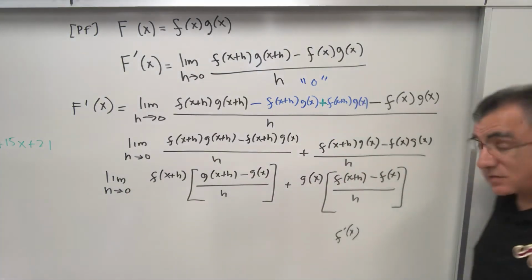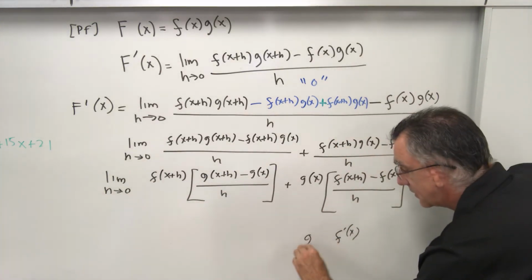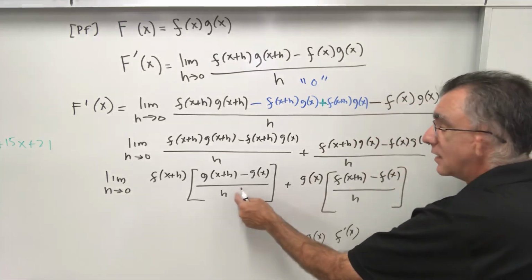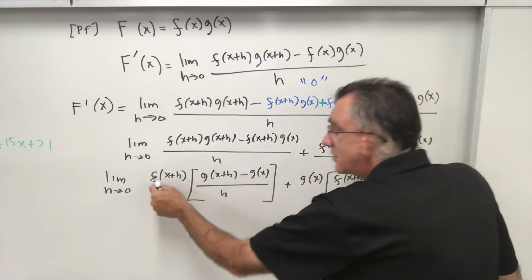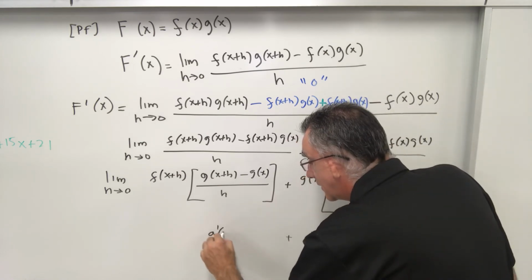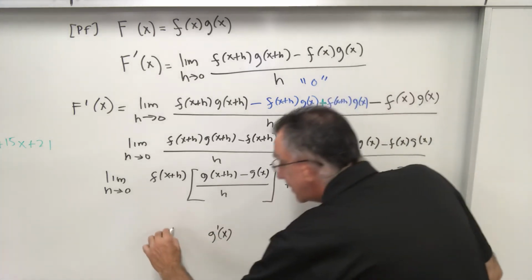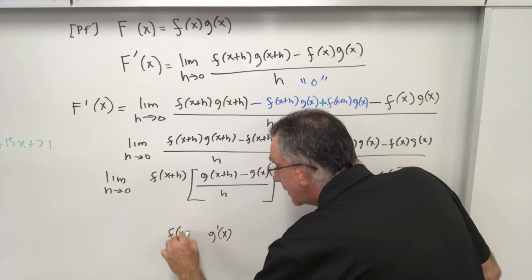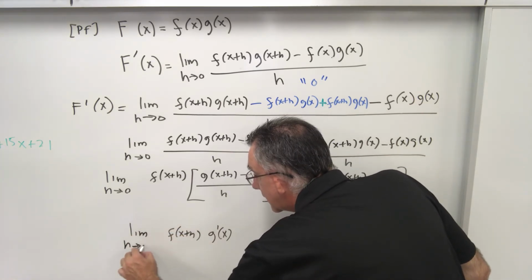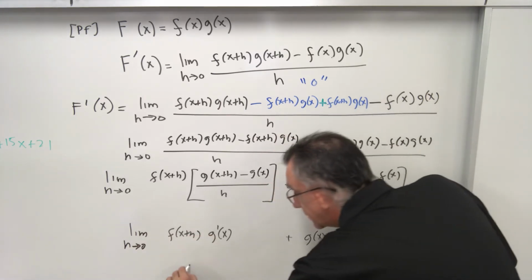That's the definition of the derivative, right? Because we're taking the limit. It's good enough. So I get my g of x. Hey, that's just the definition of the derivative again, but for g. But h is going to 0.